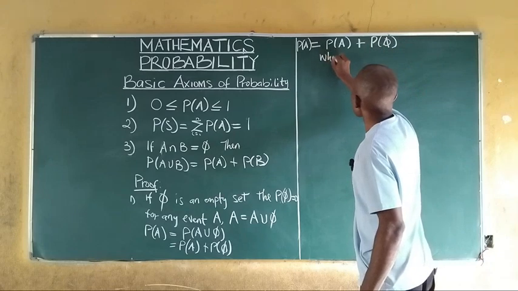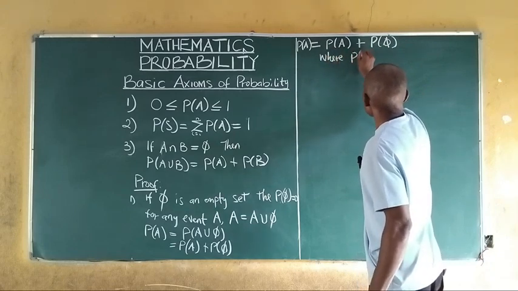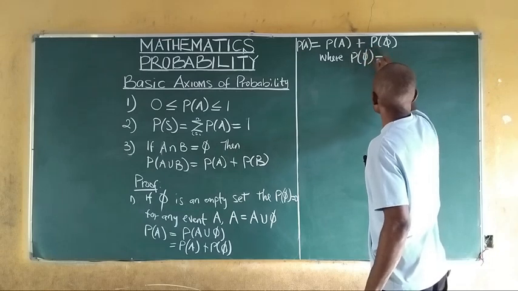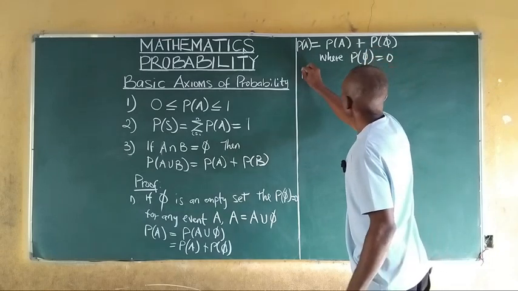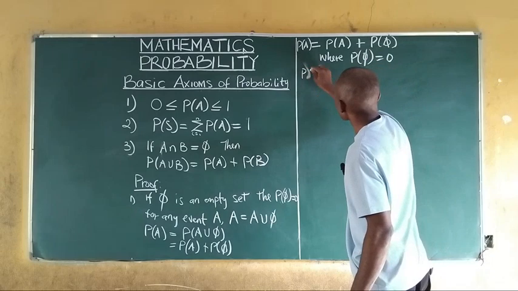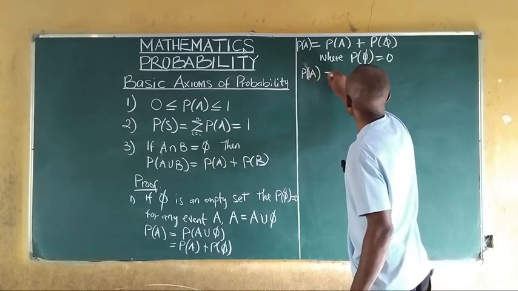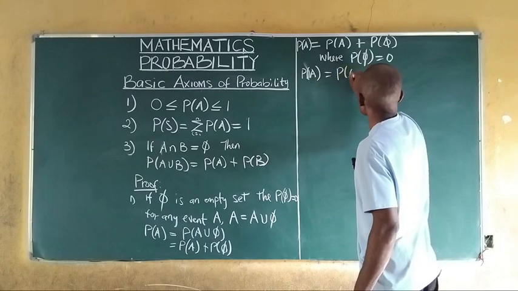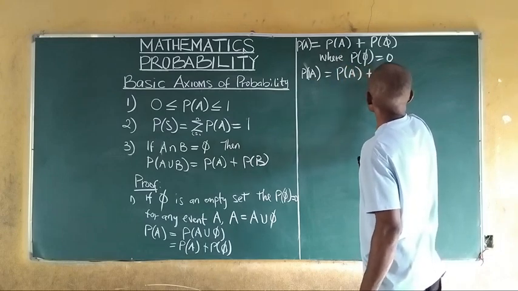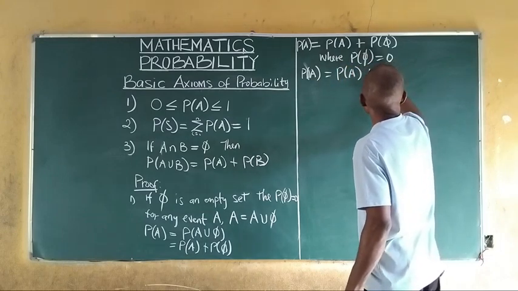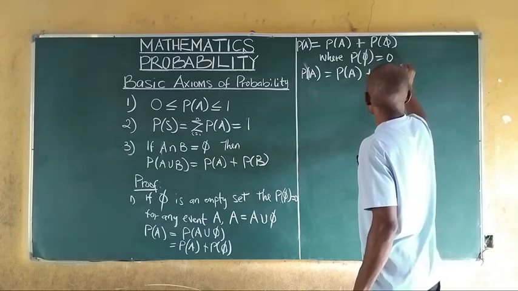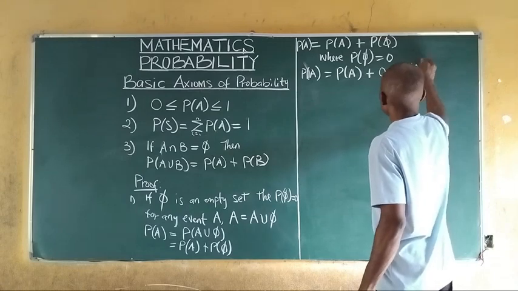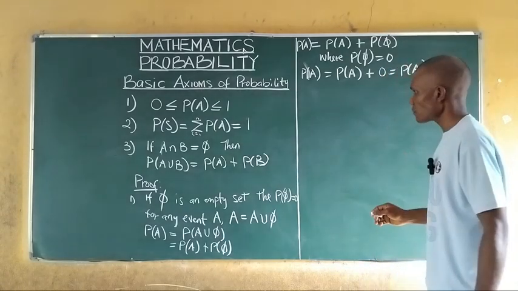Where the probability of an empty set is equal to 0, it means that the probability of A is equal to the probability of A plus 0, which is the probability of A.